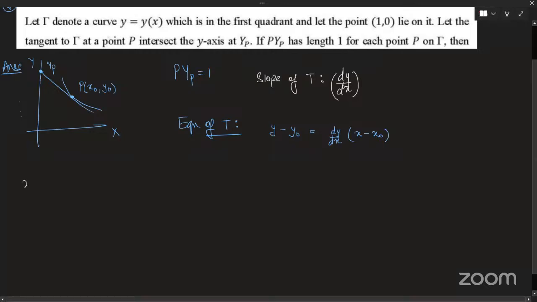Great, so x is equal to 0. If I substitute x is equal to 0 in this equation of tangent, can I say the value of y will be my y coordinate of yp? Can you tell me what will be the value of y? y will be y naught minus dy by dx into x naught.